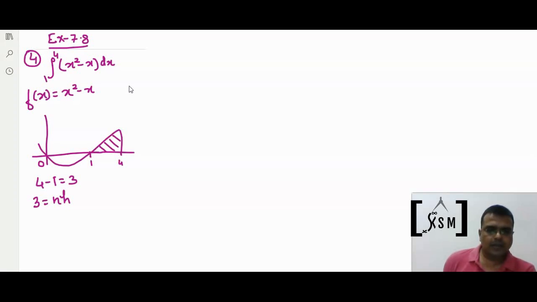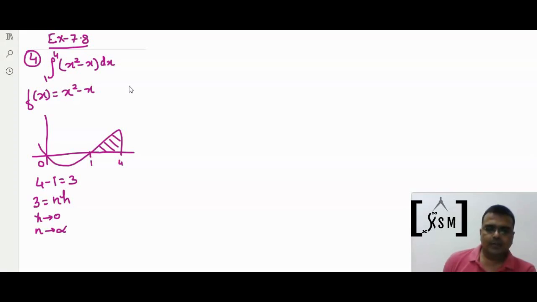It is such that h is very small, and so n would be very large. If we put an infinitely large number of rectangles, then the width of each rectangle would be very small, right? So this is the important concept of this topic.